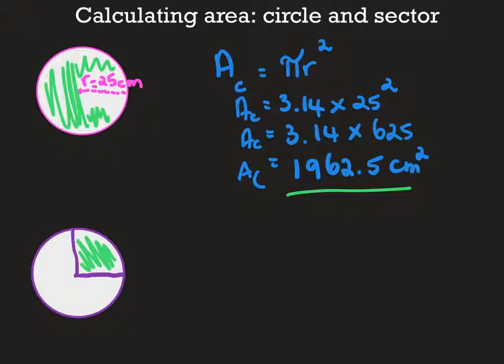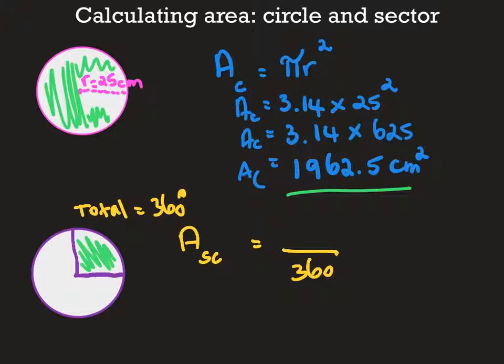So when we're talking about the area of a sector of a circle, we know that there's 360 degrees in a whole circle. So as a total, there is 360 degrees.